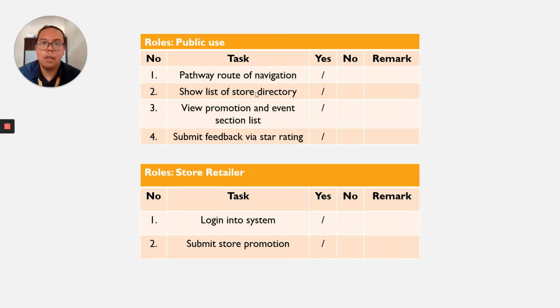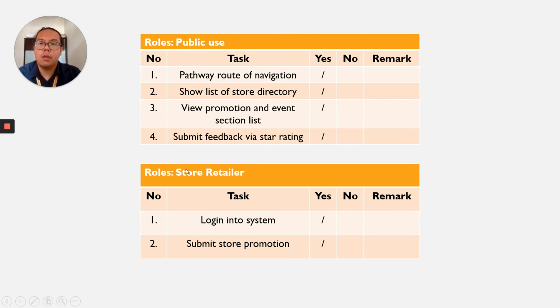All of these have been tested and documented in the thesis report, and all the functions are working well. For the path route of navigation, the navigation is working, but the real-time location cannot be done. Later on, I will explain.